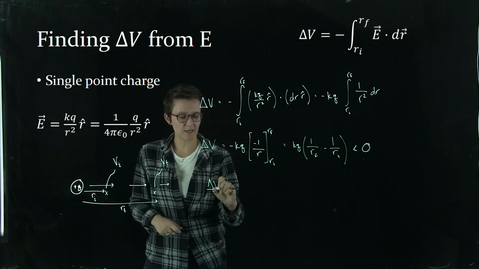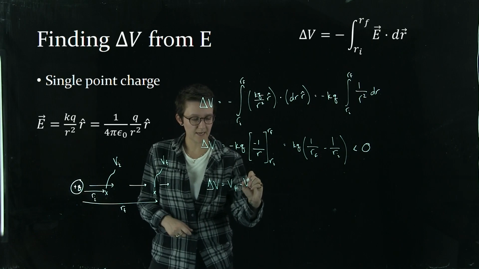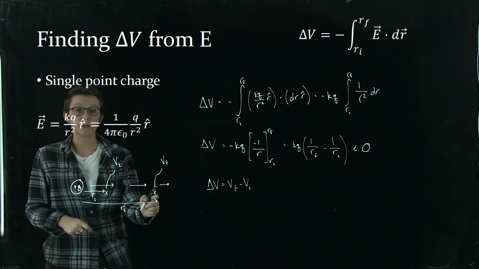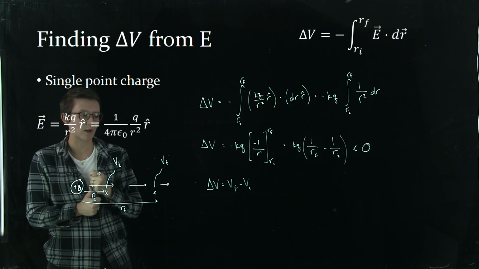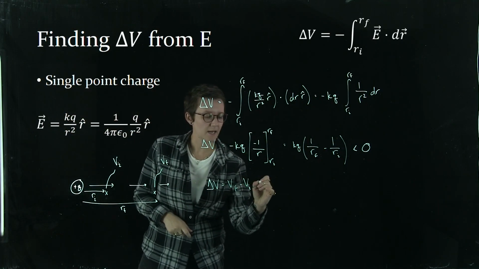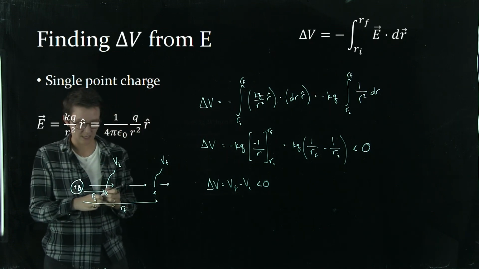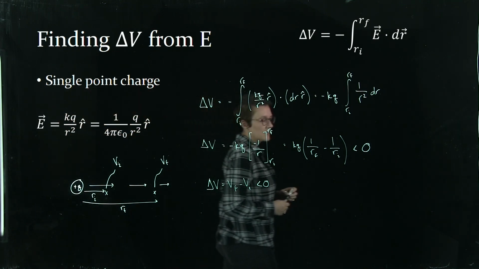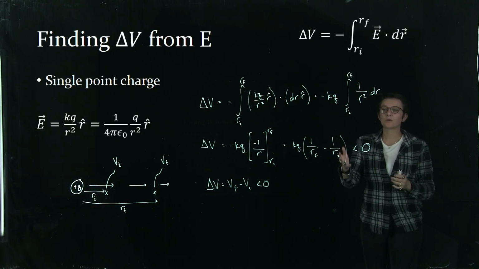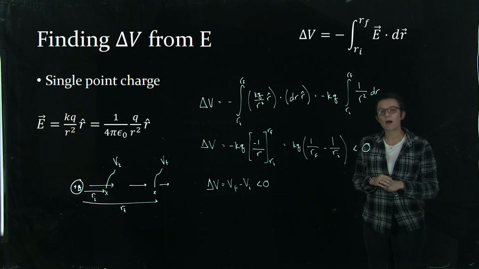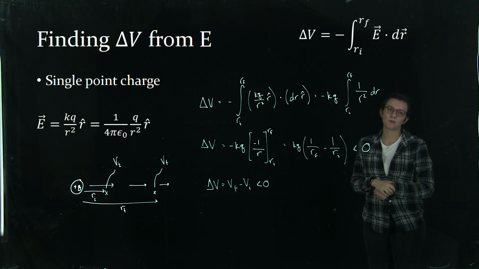So my delta V is V final minus V initial. This should be a smaller number compared to this V initial number just based on what we know already about the electric potential. So we already expected that this should be less than 0, which is what we see in our calculations. So this is one example of how you can use the electric field to find your electric potential difference between two locations.